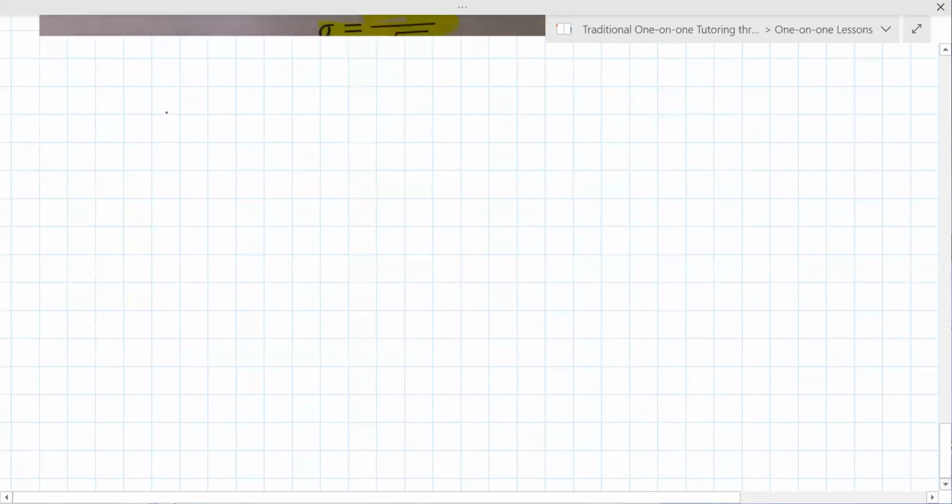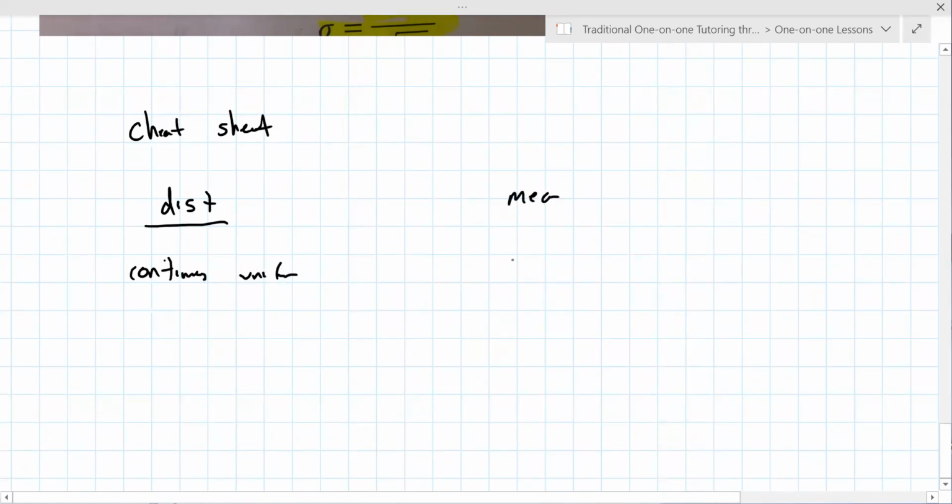So what you're asking is, let's just say this was your cheat sheet for the exam. You would say, okay, if the distribution is continuous uniform, the mean is always a plus b over 2.